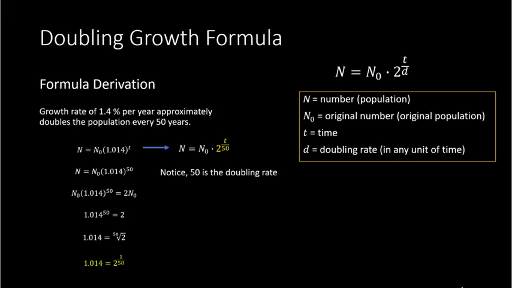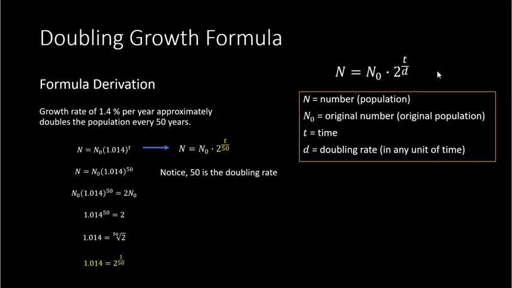And a more simple approach to viewing this formula is to realize that to double something, we have to keep multiplying by 2 over and over again. That's the idea in the formula, where you take the original number, N sub o, and multiply by 2 to some power, multiplying by 2 over and over again.